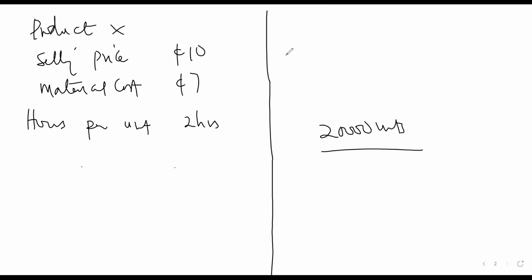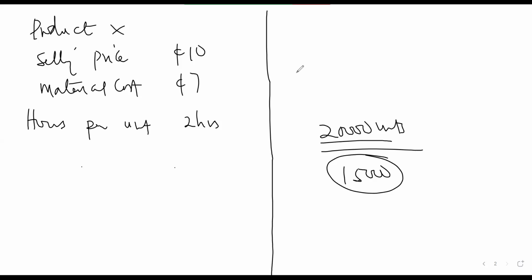Or you ask yourself, should I go ahead to produce this particular product? They will tell you the hours available cannot help you produce all the 20,000 units, and they also give you the fixed cost. So if the hours can only help me produce 15,000 units, you ask yourself, you know that for fixed cost, whether you produce the quantity you want or you don't produce, or even produce 1 unit, the cost will still be the same.